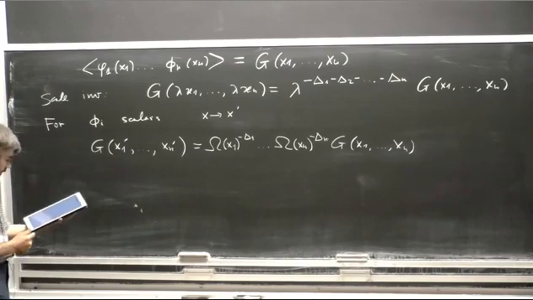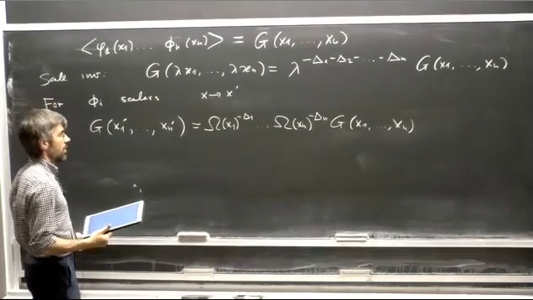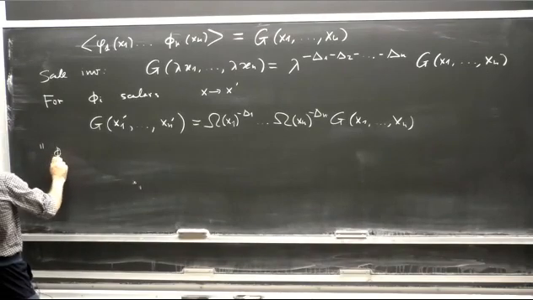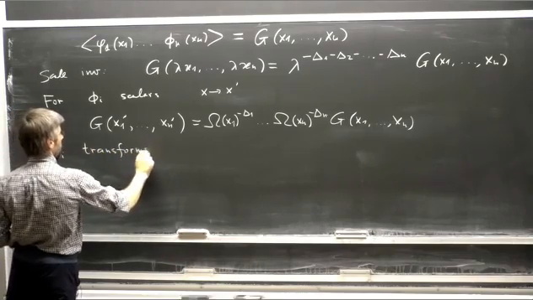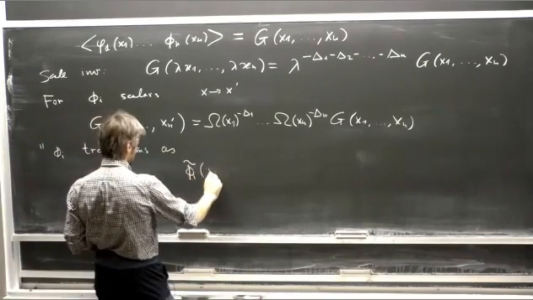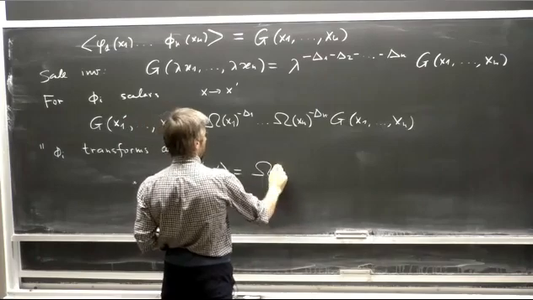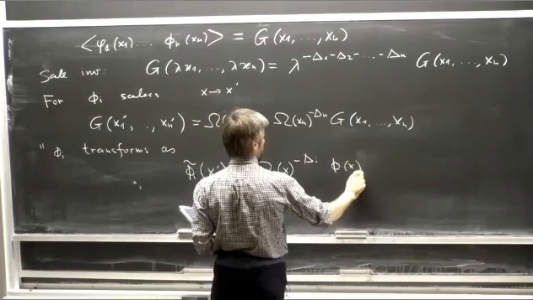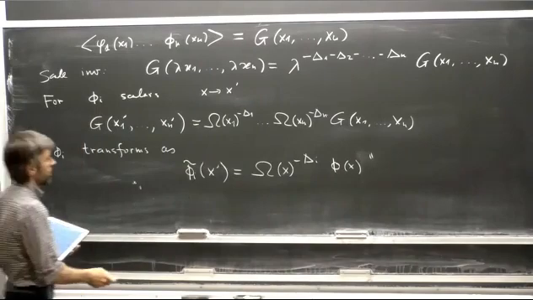And so we are going to express this equation by saying that the field phi I transforms as phi I tilde of x prime equals omega of x to the power minus delta I phi I of x.